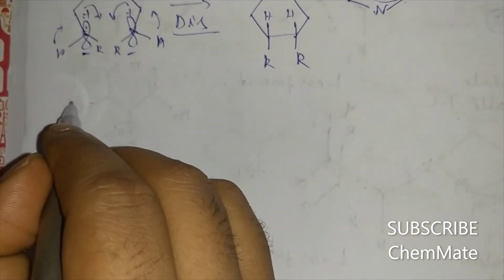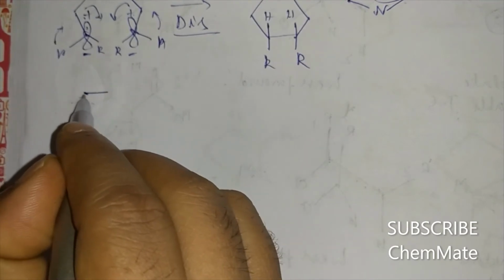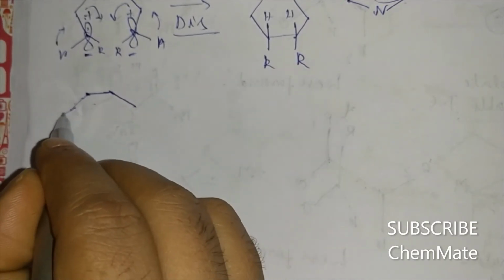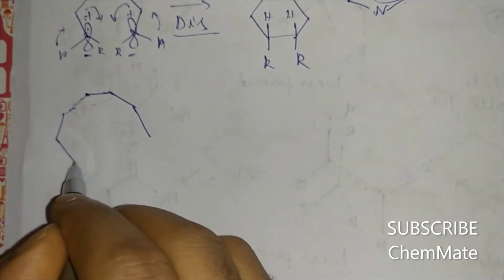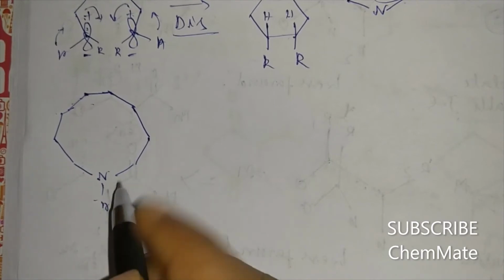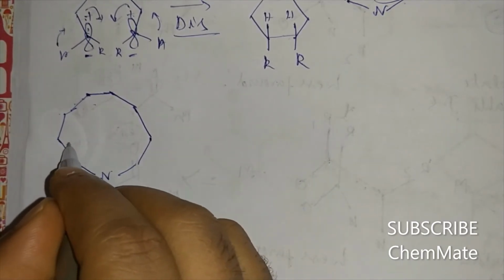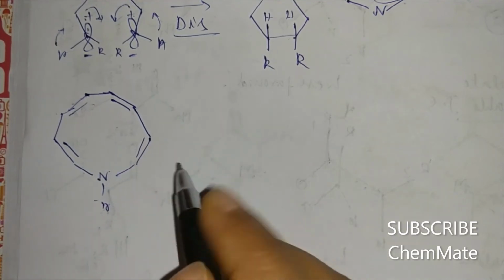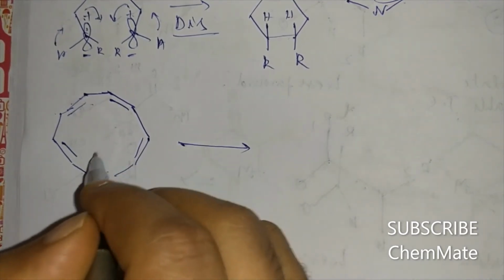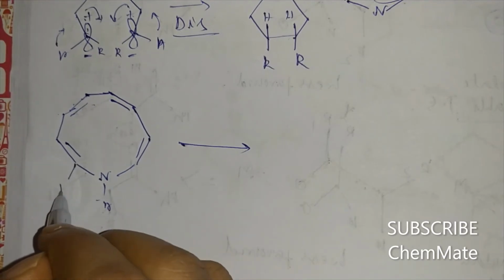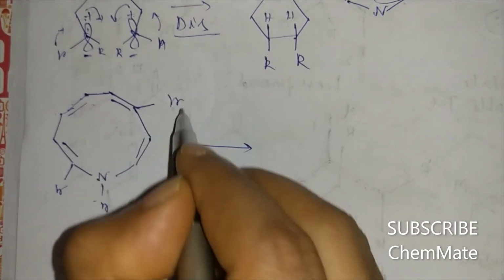So I'll draw the compound here. So here is a pi bond, pi bond, pi bond, pi bond. Here is the hydrogen, here is the hydrogen.